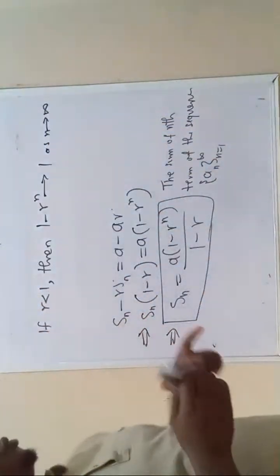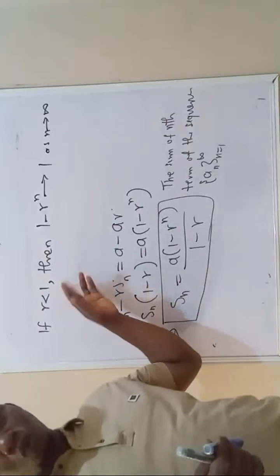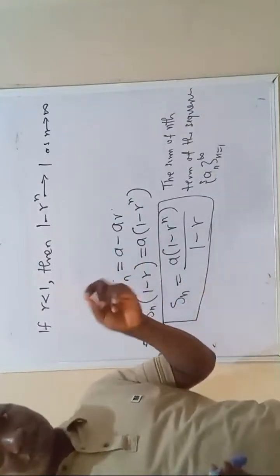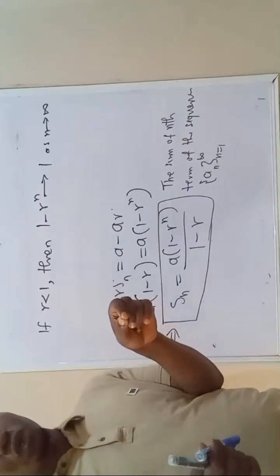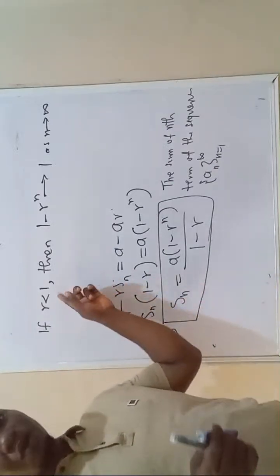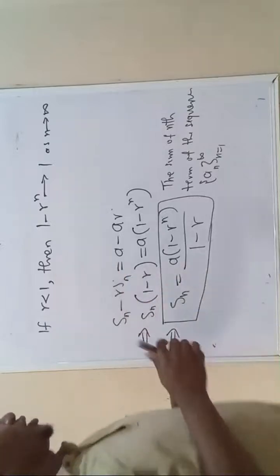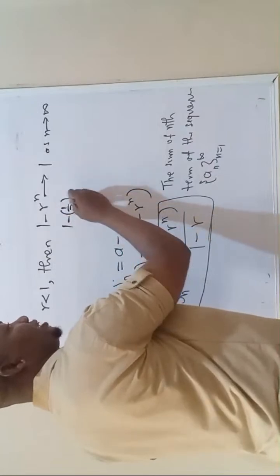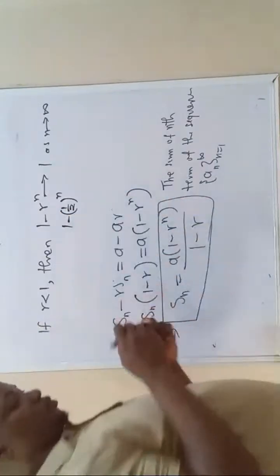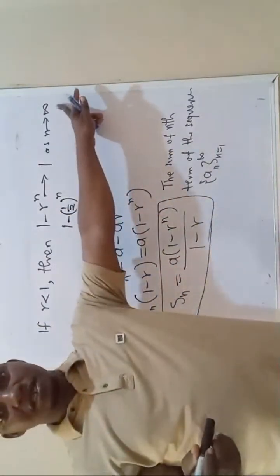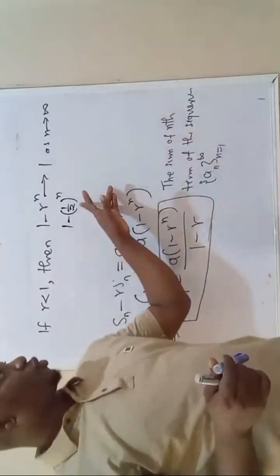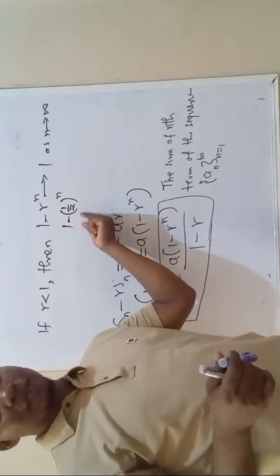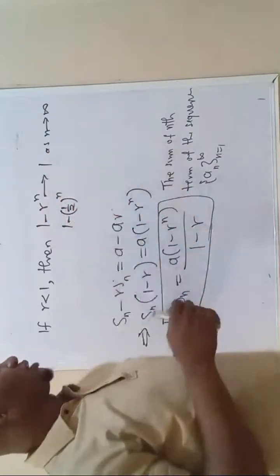For example, suppose that r is 1 over 2. Then this will be 1 minus 1 over 2 raised to the power of n. Now as n goes to infinity, the term here will go towards 0, and because of that, the main term that will be valid there will be 1.